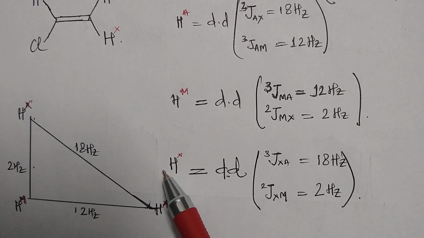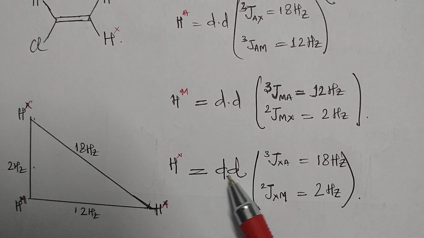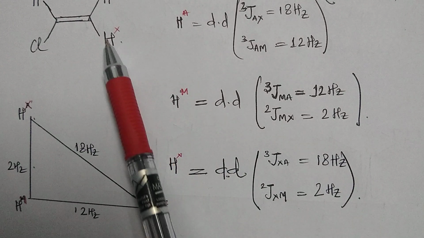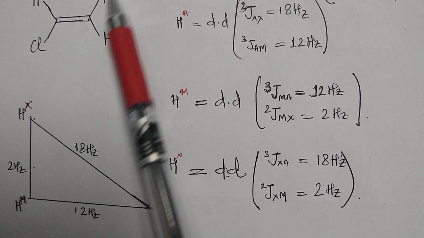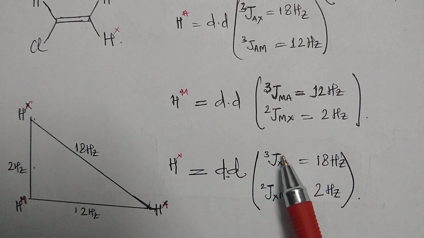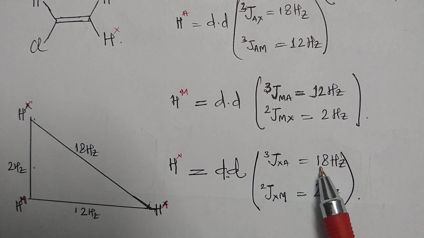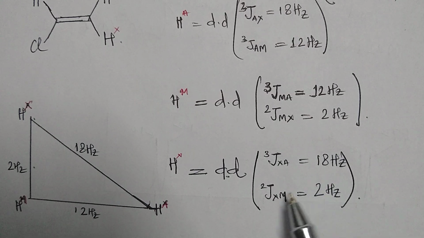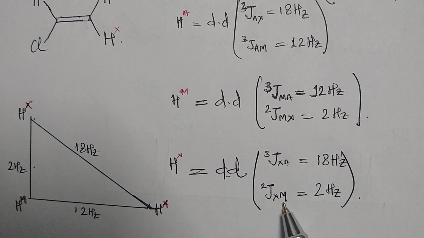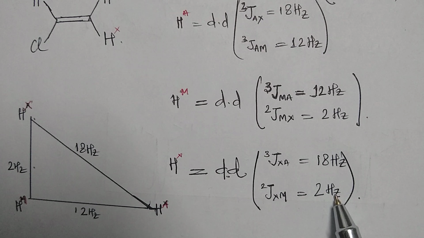Likewise for the X type of proton we will have a doublet of doublet with this proton and this proton here, so that is 3JXA, and it is 18 Hz. With that, 2JXM is 2 Hz.